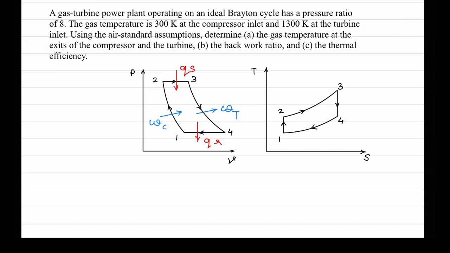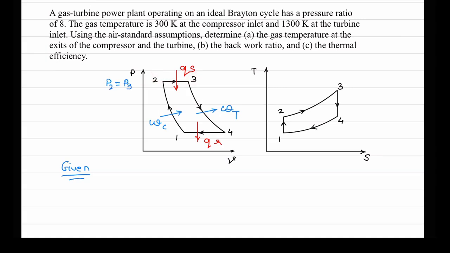So if you see the given question, what is the given data? You don't have to write this, just follow the problem. It is mentioned that the pressure ratio is 8. Now if you observe, P2 and P3 are the same, so I'll make a note: P2 is equal to P3.